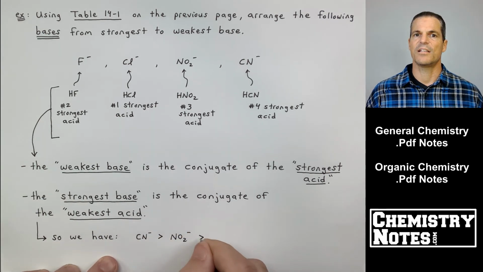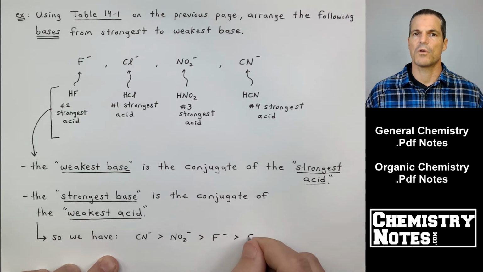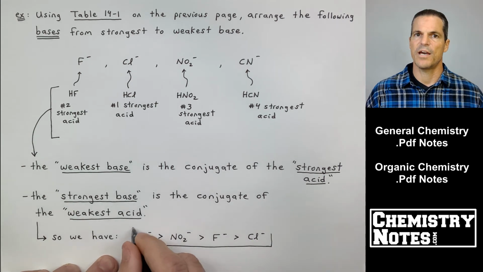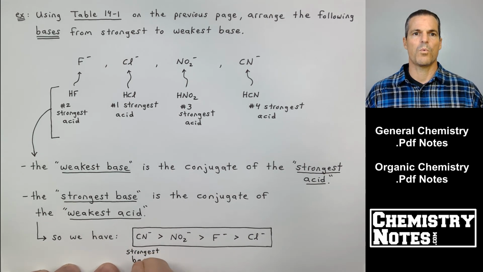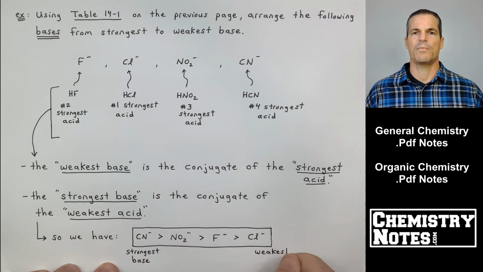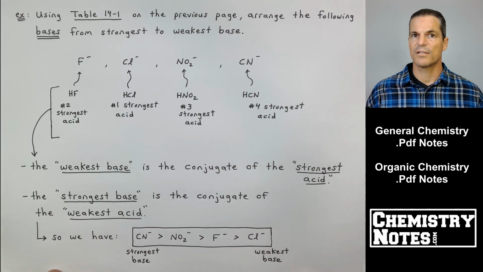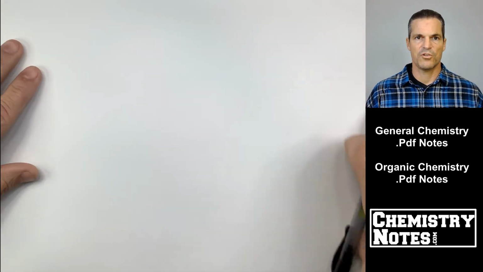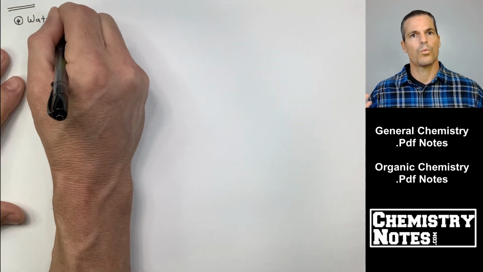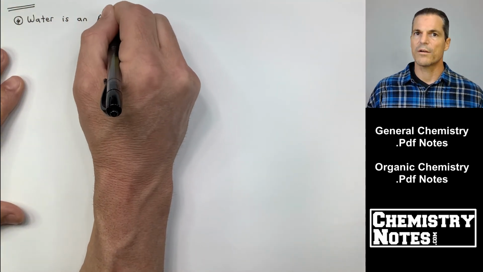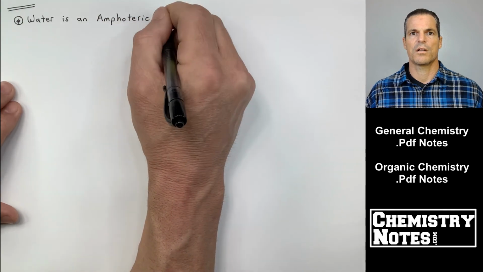In that case, CN minus, the conjugate, must be the strongest conjugate base. HCl is the number one strongest acid on there, right? So that means Cl minus is my weakest conjugate base, and then you can put together the list as such. Stronger acids, weaker conjugate bases. Weaker acids, stronger conjugate bases.